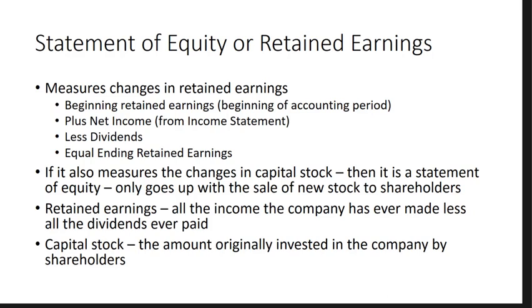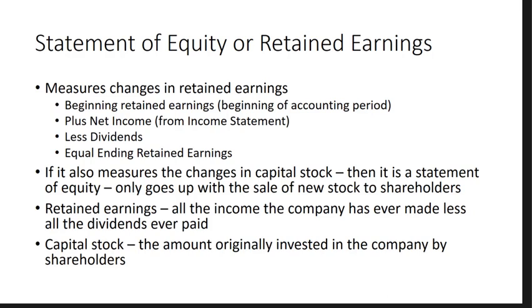Authors seldom put that in a textbook, and I don't think ours is going to change that. We're not going to have too many of those. It just seems so sad to have that happen, but it is possible. Capital stock is that amount originally invested in the company by shareholders.